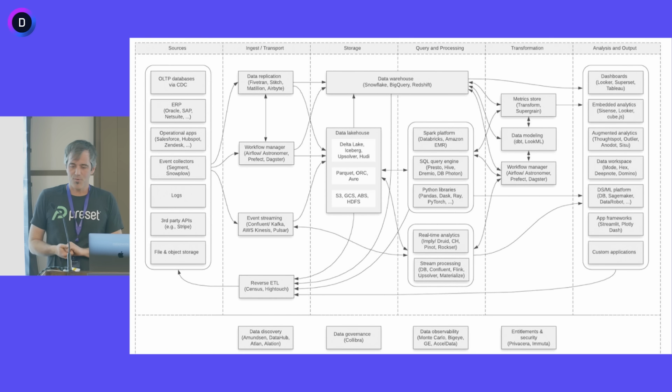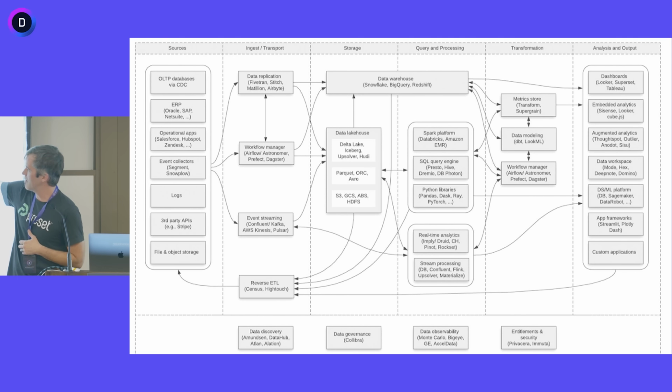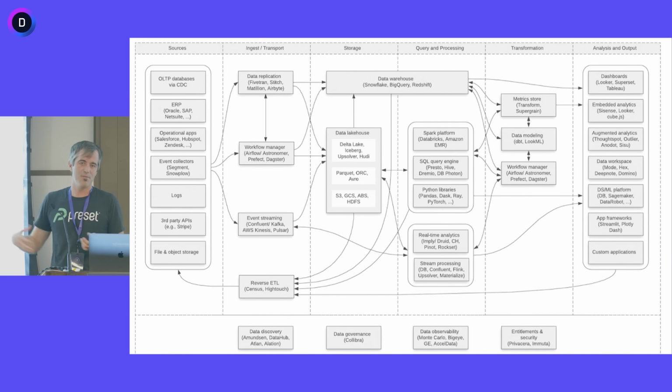In that world, you get to pick and choose what you like, and you get to evolve. As clear winners emerge, or as it's a fit thing for you, you say, Airflow really works for us, or dbt really works for us, or a combination of the two really works for us, then you're still allowed to pick things and assemble your own stack.